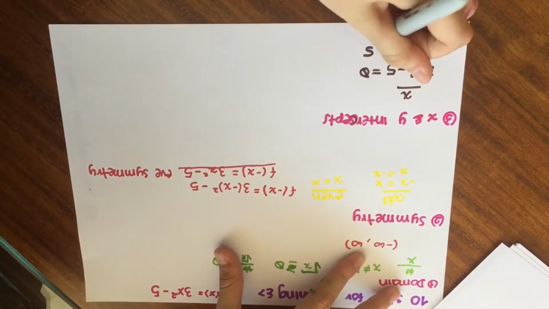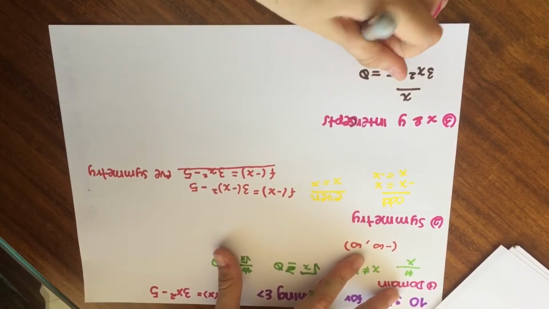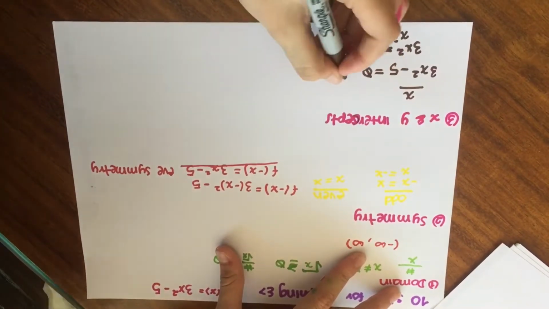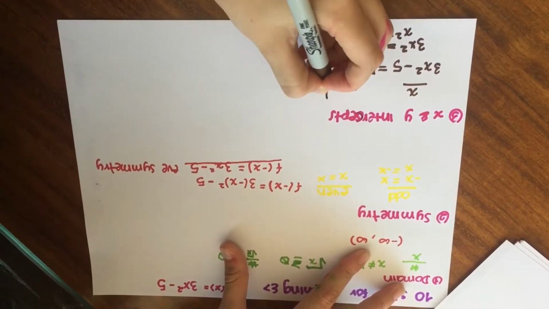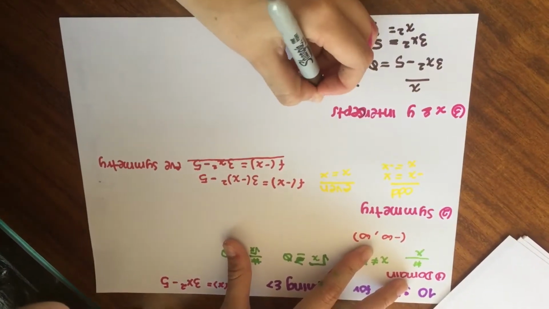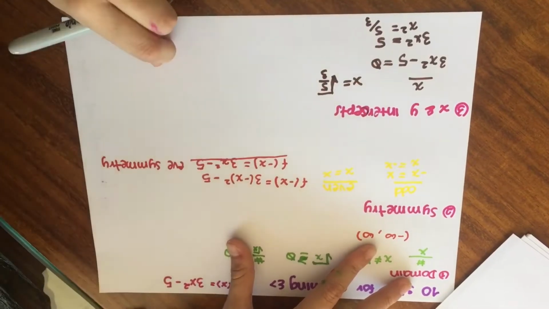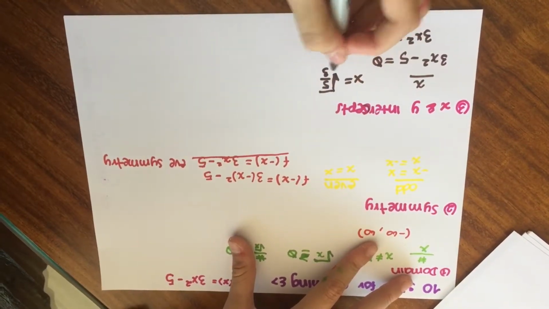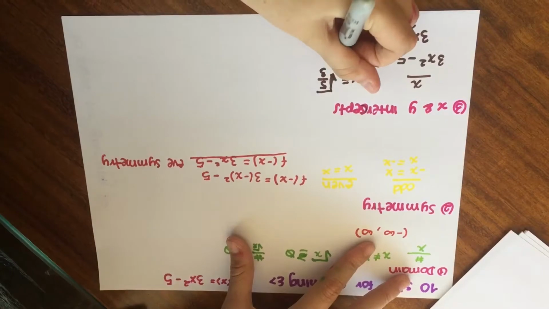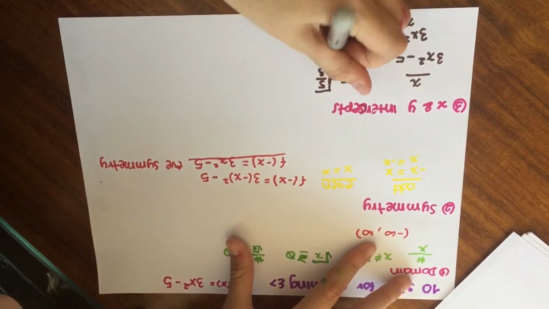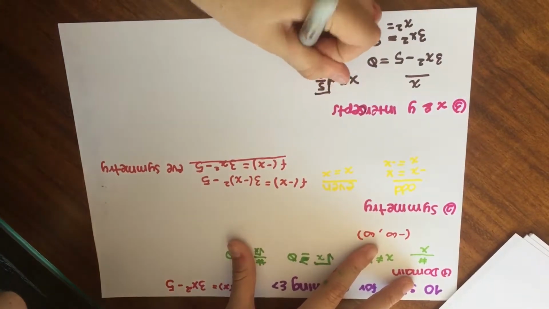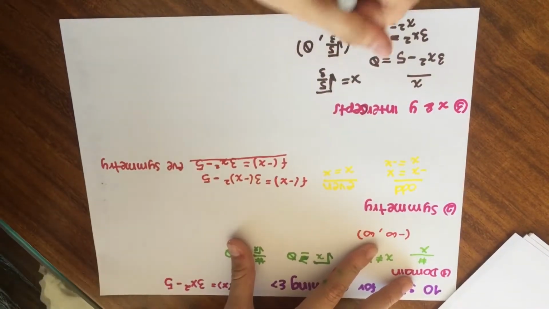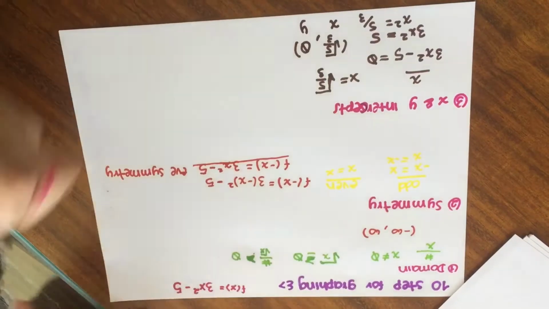X squared is equal to 5 over 3. And finally, x is equal to the square root of 5 over 3. And this is our x-intercept. So the square root of 5 over 3 and 0. This is x and this is y.